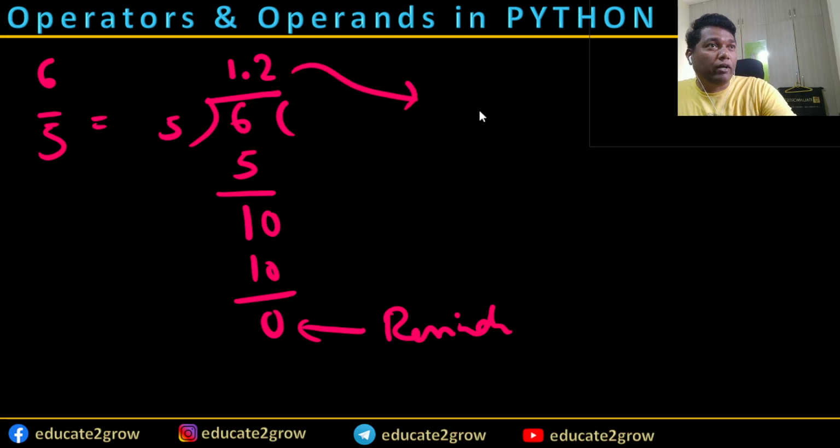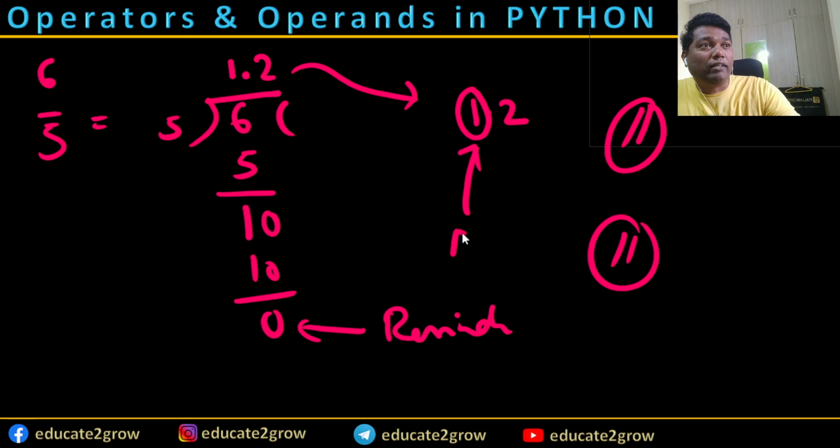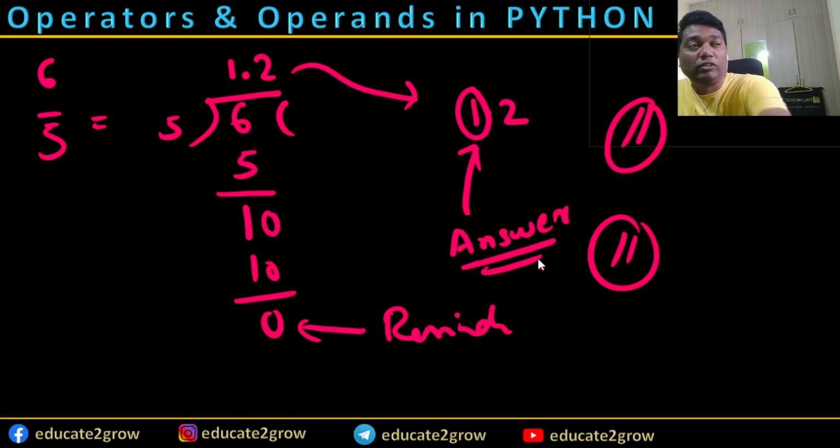The value of the answer is 1.2, but since we are using the double slash, we get the floor division. What it does is pick the leftmost number as the answer. This is how the floor division works.